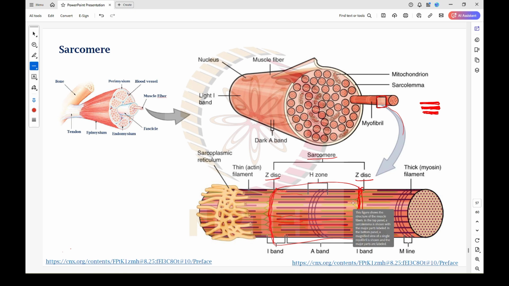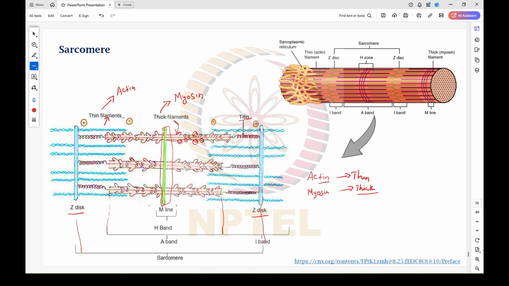There is an interaction happening between the actin filaments and the myosin filaments, which we'll be looking at in future, a power stroke of sorts. The myosin filaments will pull across the actin filaments, and there will be a sliding motion of sorts, which generates the power stroke.